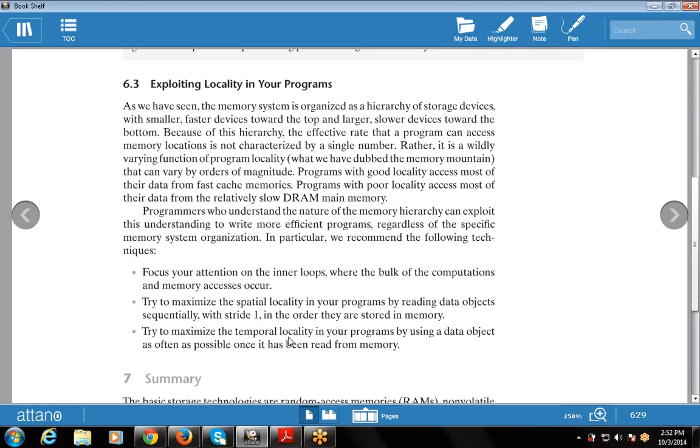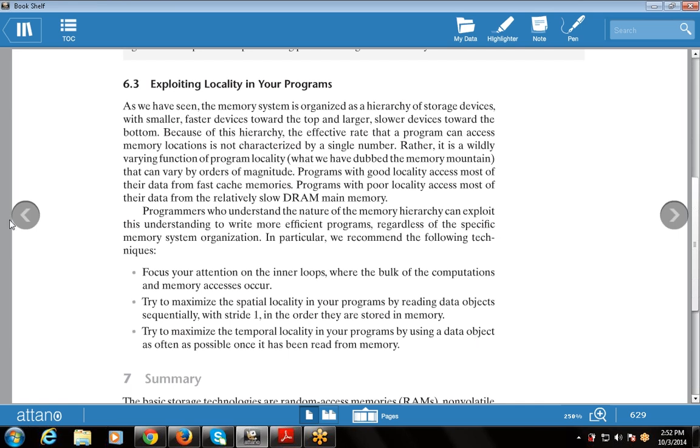Try to maximize temporal locality by using a data object as often as possible once it has been read from memory. So spatial locality is for reading the data, and using the data repeatedly is temporal locality.